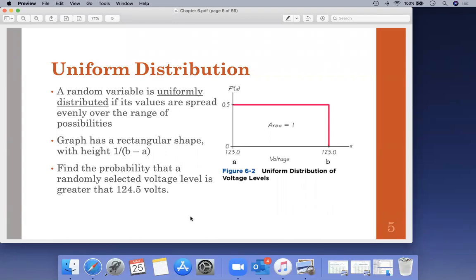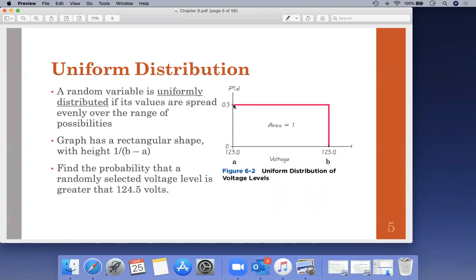What is this? Actually, a random variable is uniformly distributed if its values are spread evenly over the range of possibilities. Can you see, if you take any x value, the probability of getting that x value is the same. That means it is uniformly distributed if its values are spread evenly over the range of possibilities.